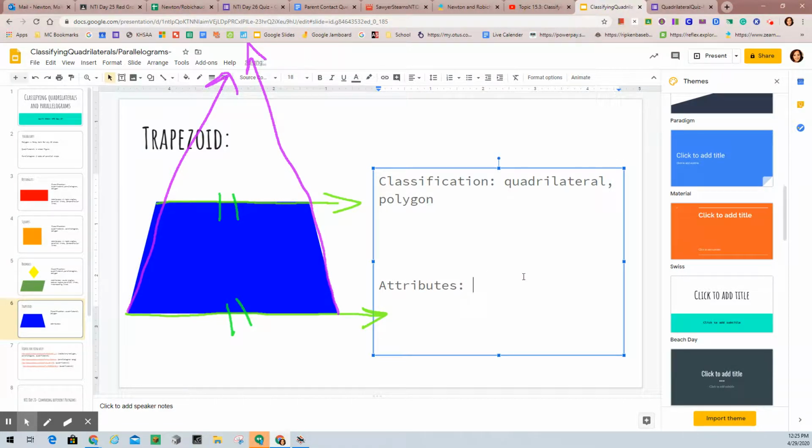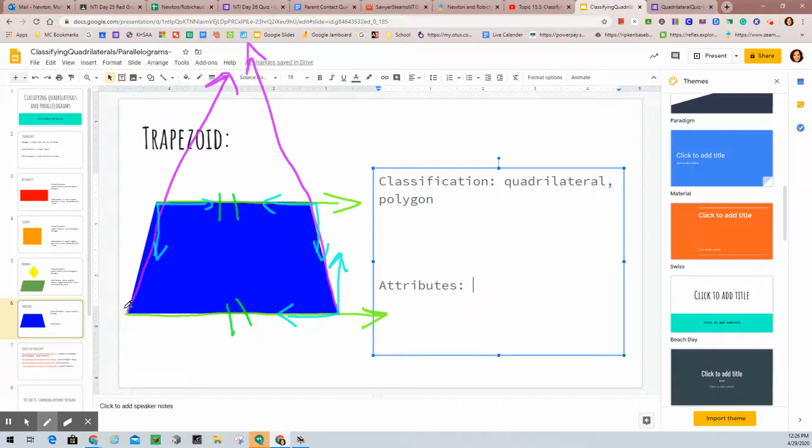Its attributes. Well, let's look at angles first. Does it have right angles? It does not. Does it have acute angles? Well, let's see. Here would be a right angle, and it's smaller than that, so it does have acute angles. Go ahead and draw these in.